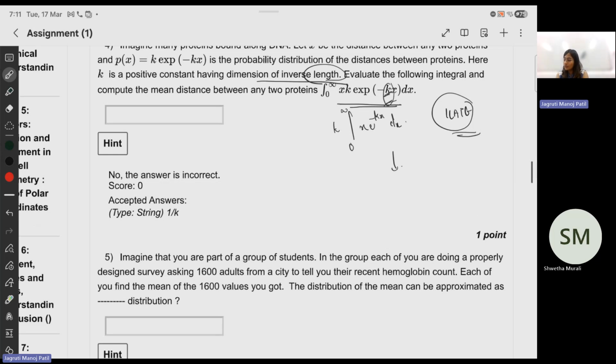Imagine that you're part of a group of students. In the group, each of you is doing a properly designed survey asking 1600 adults from a city to tell you their recent hemoglobin count. Each one of you finds the mean of the 1600 values you got. The distribution of the mean can be approximated as which distribution? Which distribution?